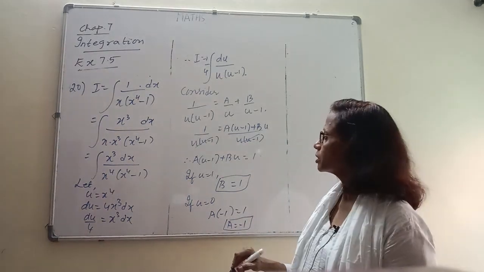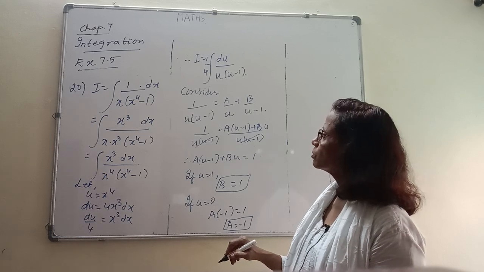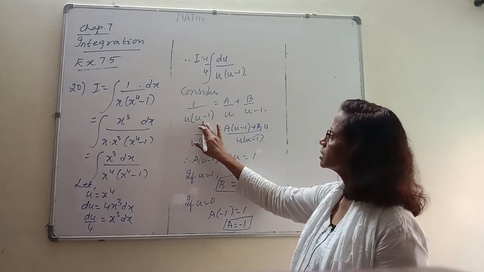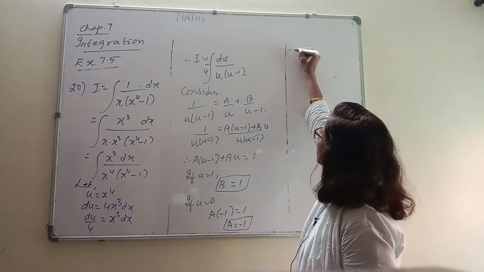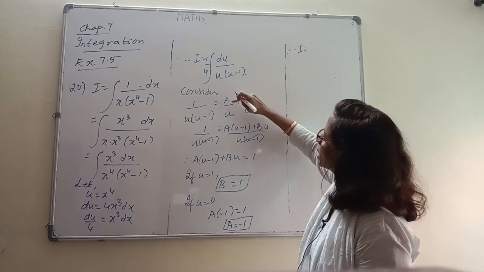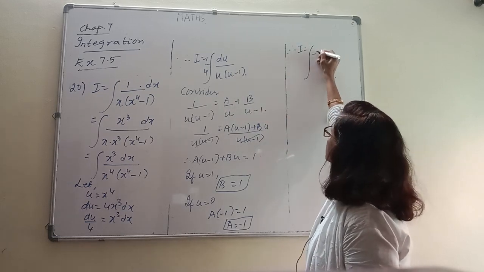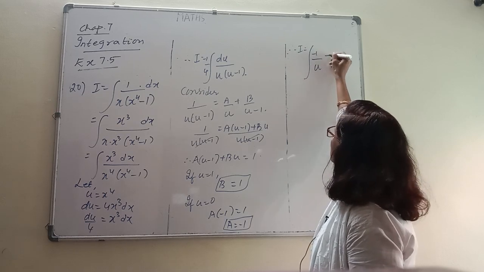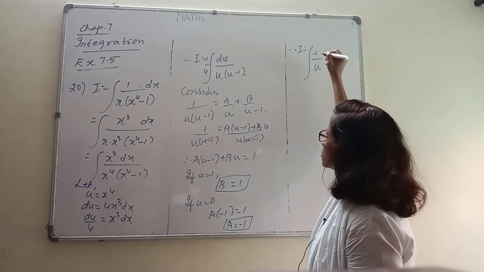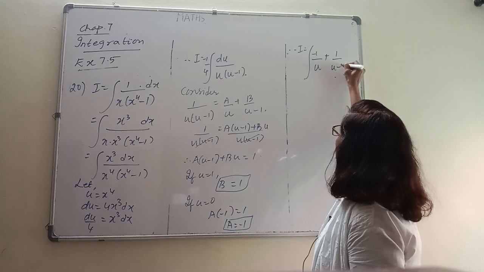Now let's put the integral I together. It is A over u plus B over u minus 1, so A for us is negative 1 over u plus B for us is positive 1 over u minus 1, du.